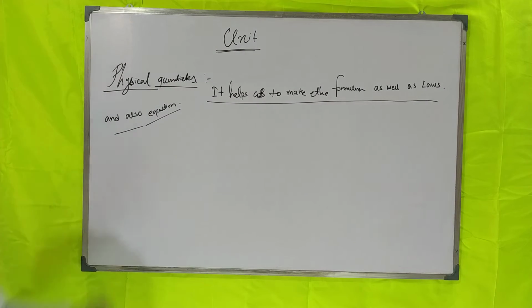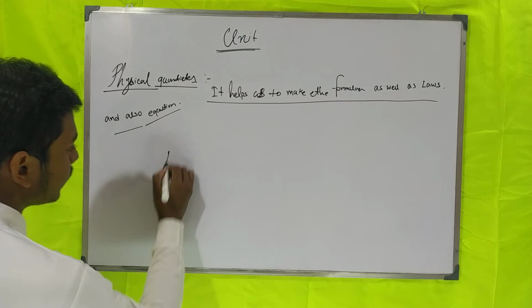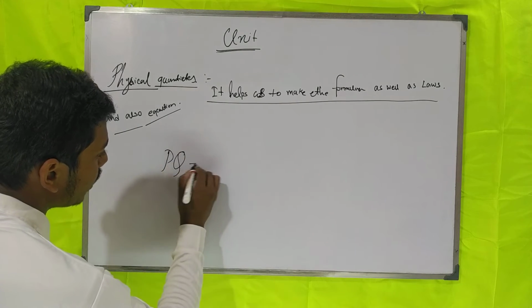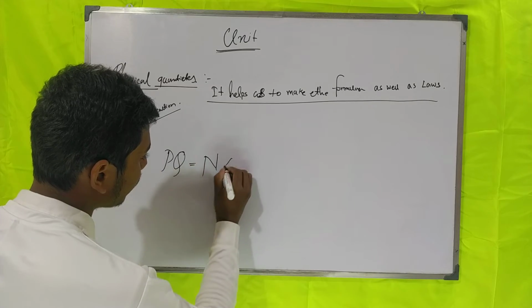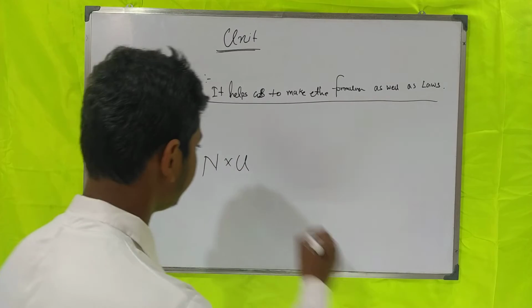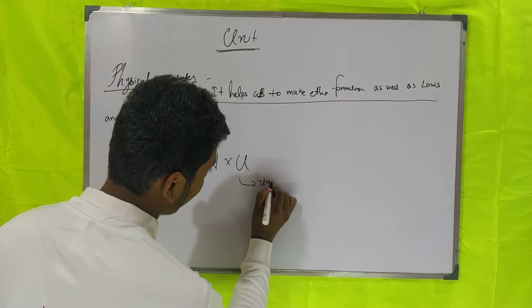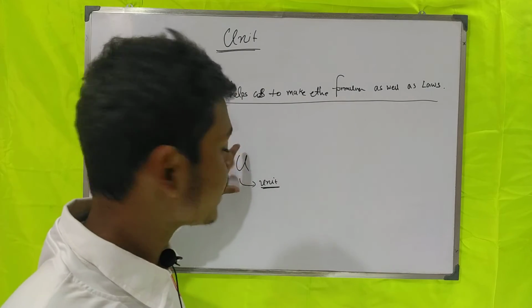This is known as the physical quantities. So how can we find and derive the physical quantities? You can write physical quantity equals the numerical value times U. What is U? U is the unit.